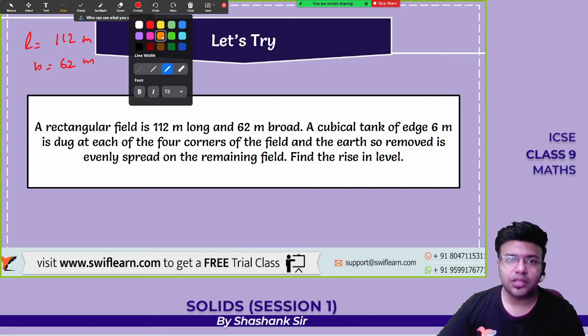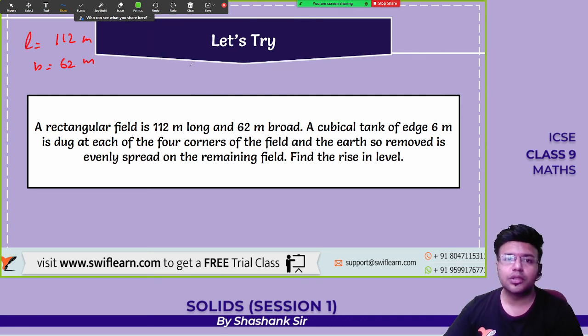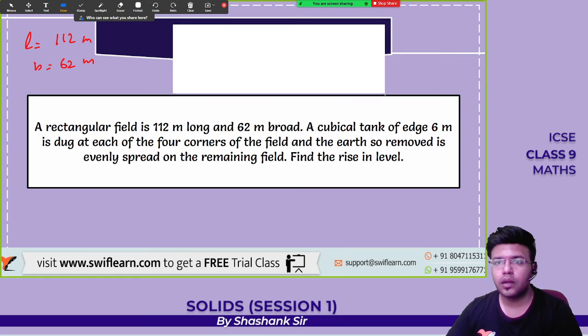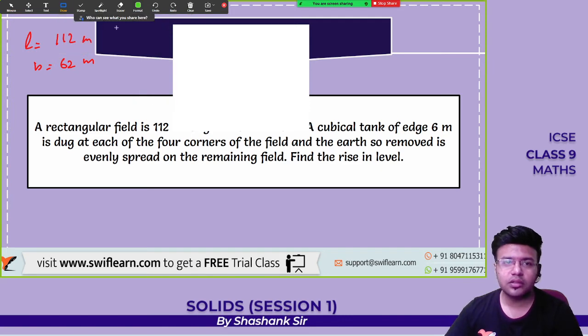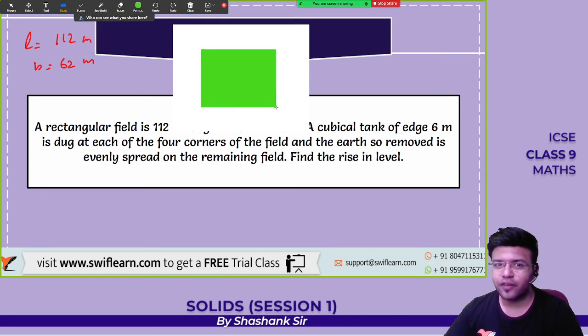So see how this problem is. There is a green field of length this much and breadth this much.